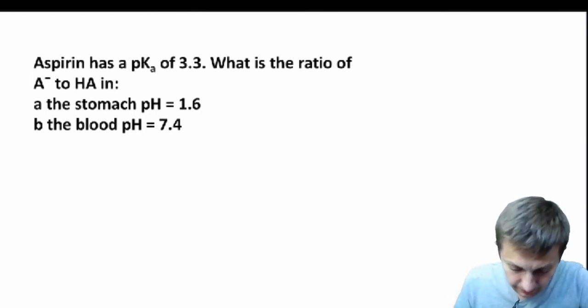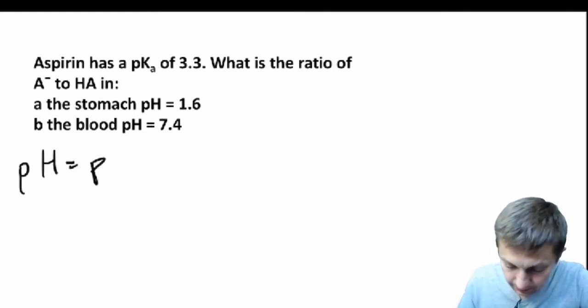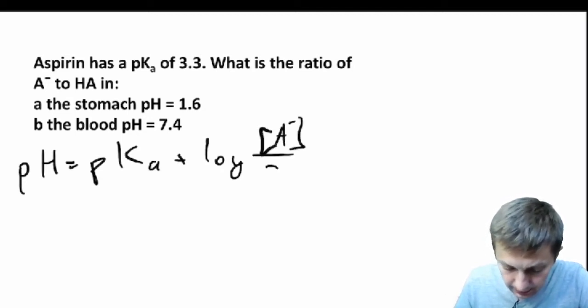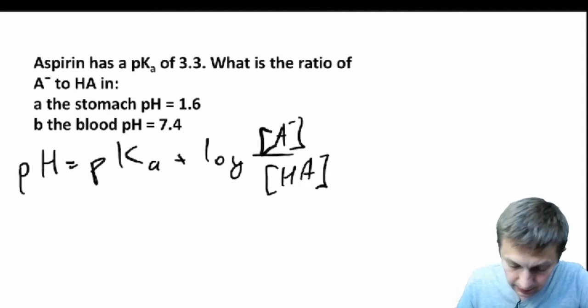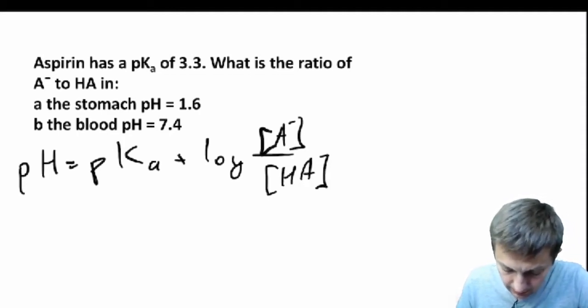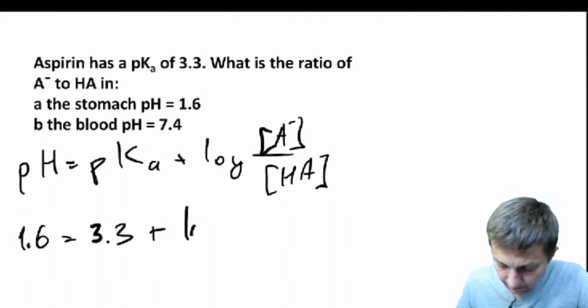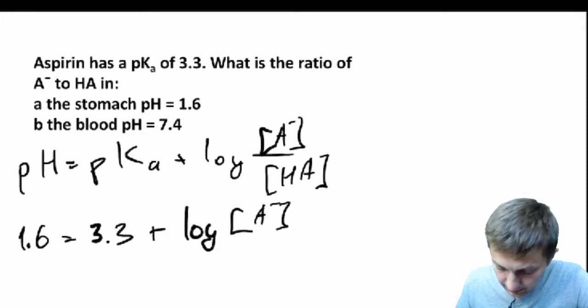So we must use the Henderson-Hasselbalch equation: pH equals pKa plus log base divided by acid, and 1.6 equals 3.3 plus log A minus divided by HA.